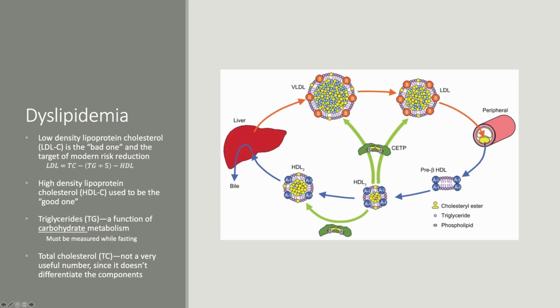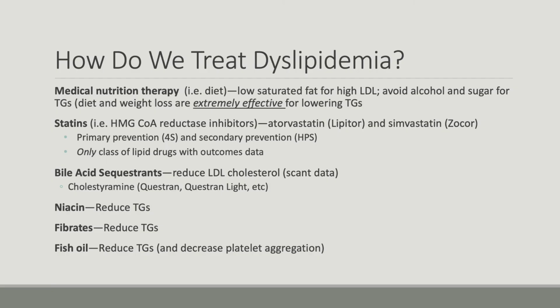And that's what we don't like. We don't want that cholesterol setting up shop in the artery wall. So we have several different ways of treating cholesterol, and the standard thing for every single one is to fix their diet, right? Low saturated fat for high LDL, that's the right target.